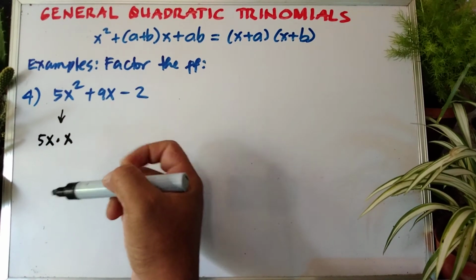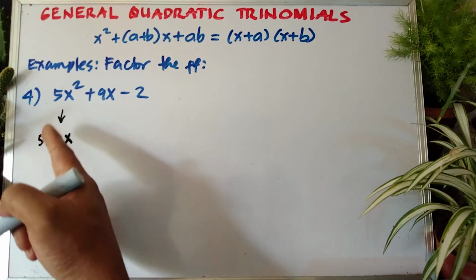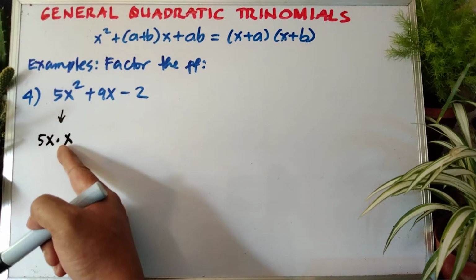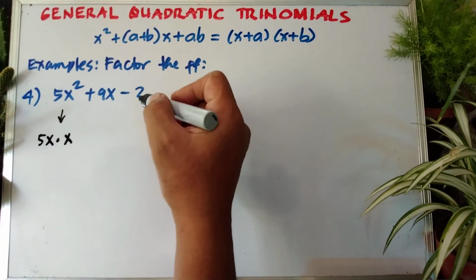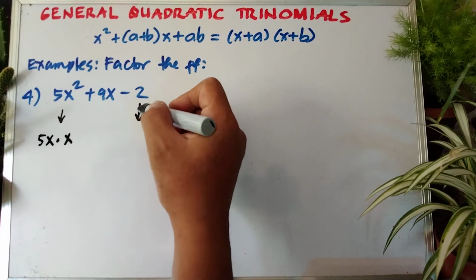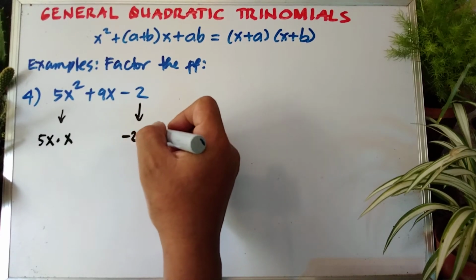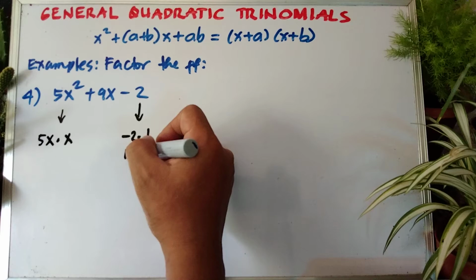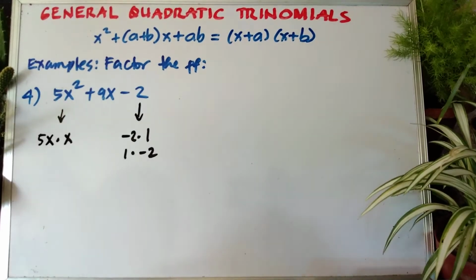Am I correct? This is the only factor of 5x squared. 5x times x, that is 5x squared. How about kay negative 2? You have negative 2 times 1 or 1 times negative 2. Yan lang naman yung factors ng negative 2. Okay.